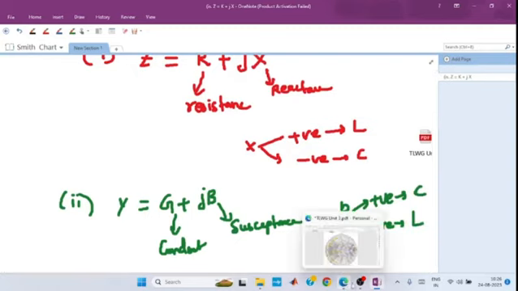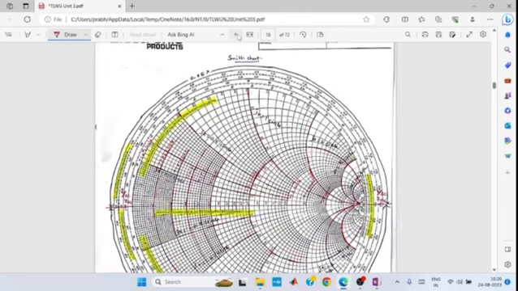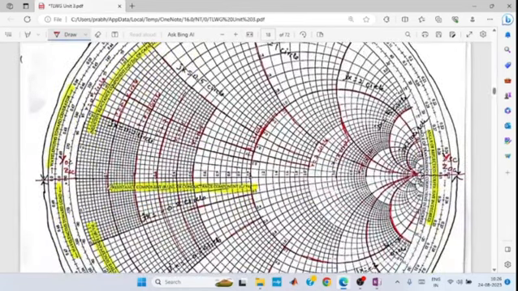Now we can see here. If you consider the Smith chart as an impedance chart, or Z chart, then the real and imaginary values are the resistance component and the reactance component. Please look here.